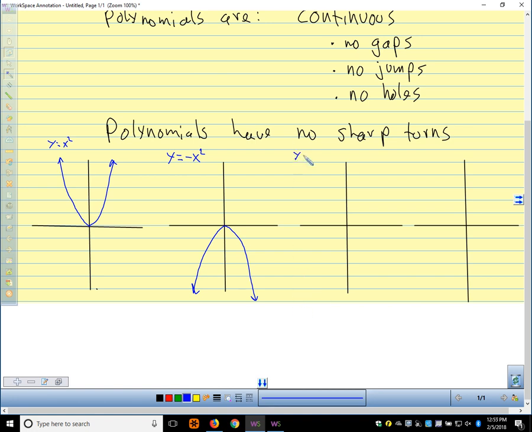Do you remember what y equals x to the third looks like? Yeah, kind of an S shape, right? And it goes through the origin. Kind of looks like a tangent function, sort of. And then if we had y equals negative x to the third, it's going to go the other way. It's going to reflect, so it's going to look like that.